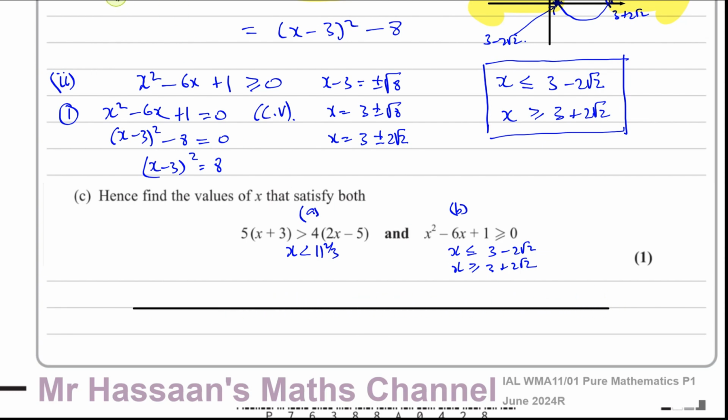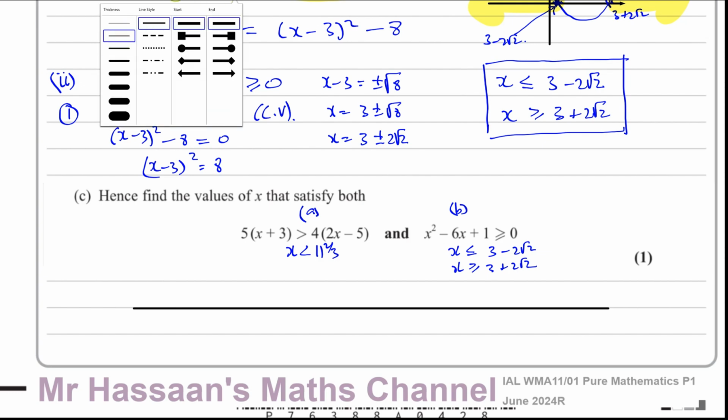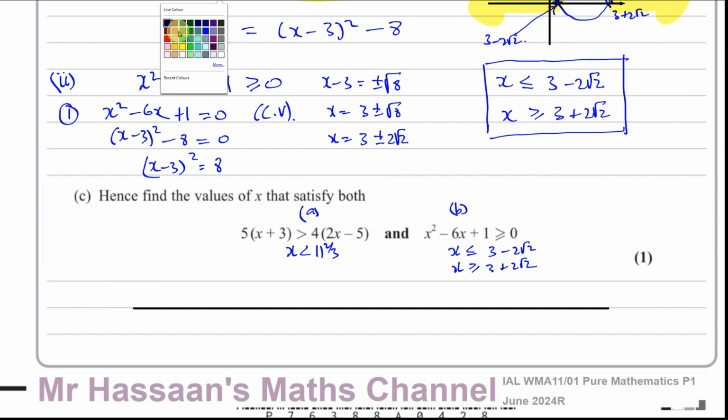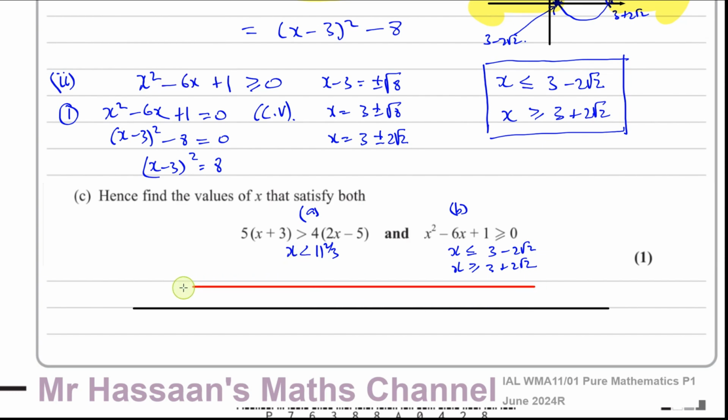Okay, so we have x is less than 11 and 2/3. So that would be like a line that goes like this. Just say this is 11 and 2/3.